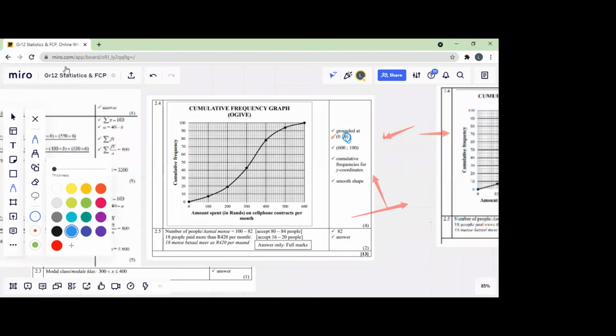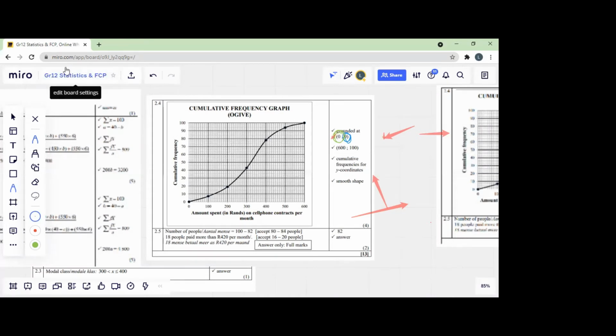But the 0 on the left, the x, comes from the smallest lower bound in your table. It has to be grounded, so it has to have an x-intercept. Then they've given you a mark for the 600 and 100 cumulative frequencies for the y, and a smooth shape would be the other thing that is important.